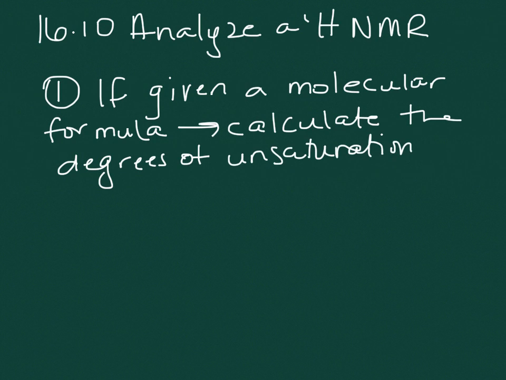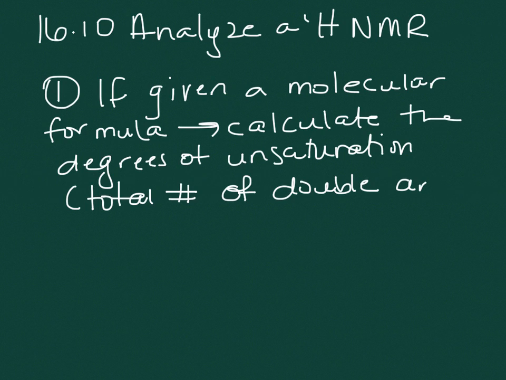Now the book talks about the hydrogen deficiency index. If you want to go ahead and do it that way, you're more than welcome to. I'm going to present how to do it by degrees of unsaturation. And this will give you the total number of double bonds and/or rings.